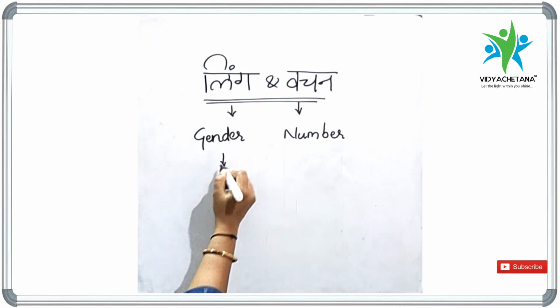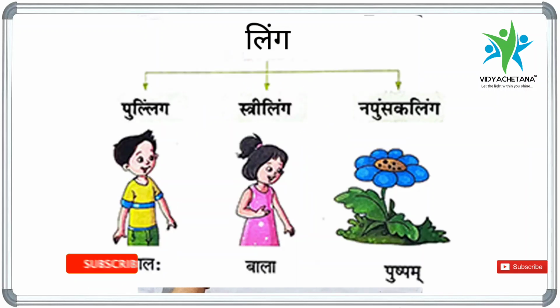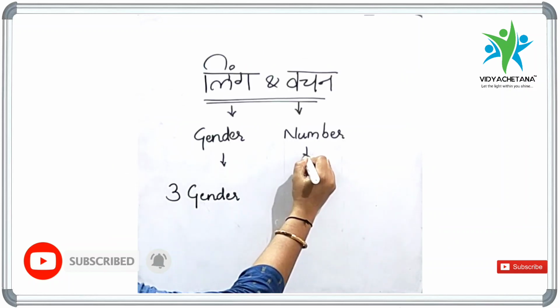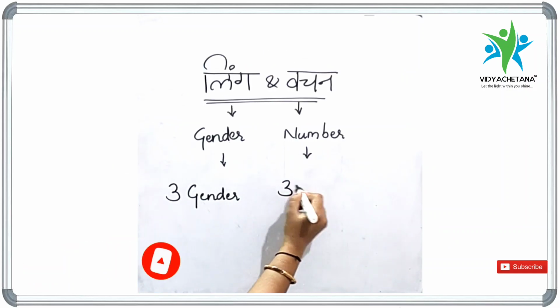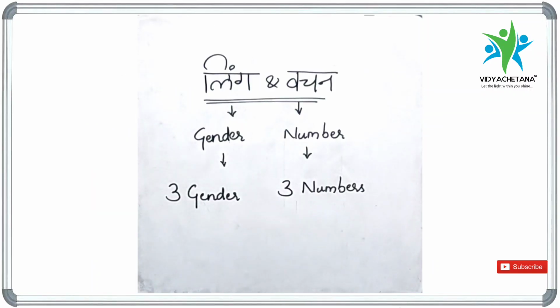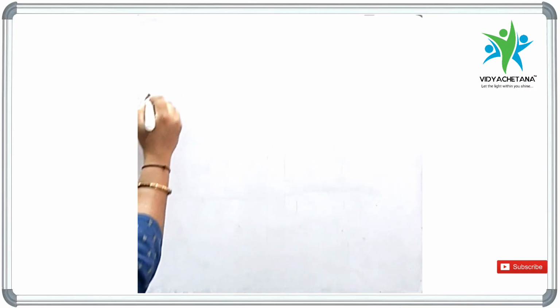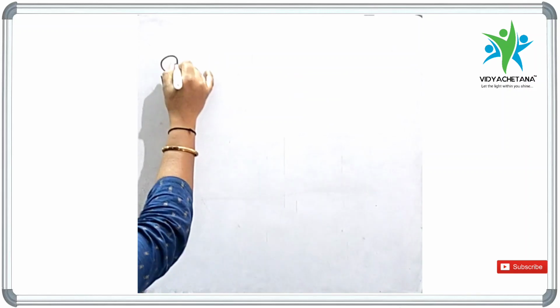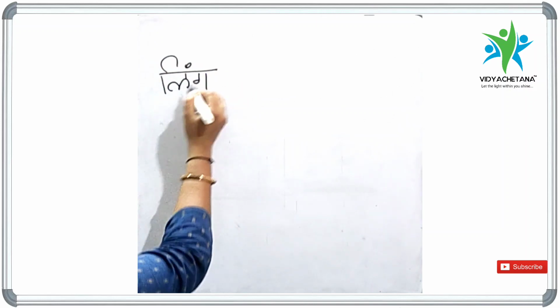In Sanskrit, there are three genders, that is, three lingaha, and there are three numbers, that is, three vachanani. So, in this first video, I will give a brief introduction about these three genders and three numbers. First we will start with the gender in Sanskrit, that is, linga.